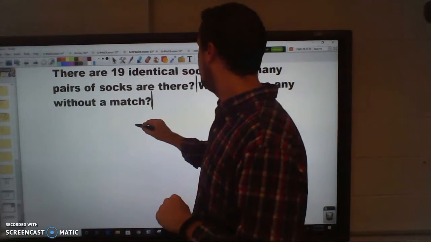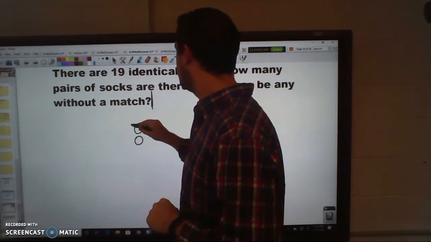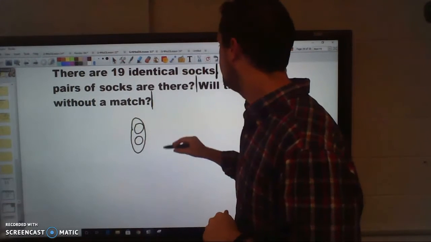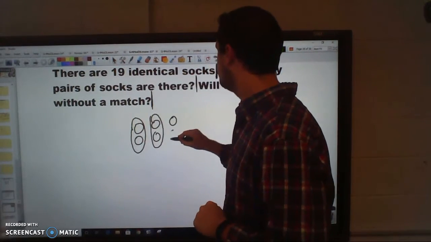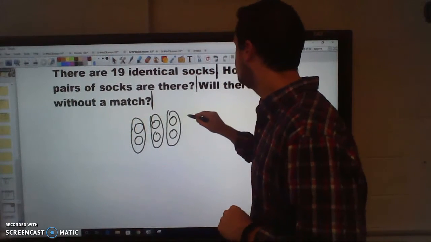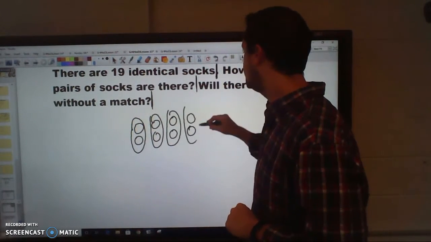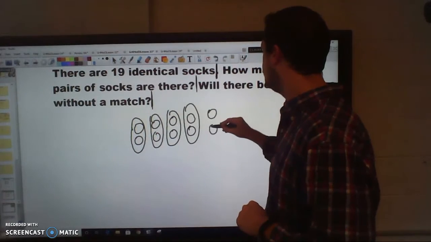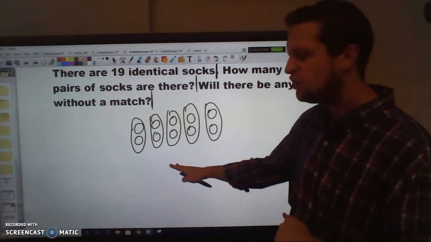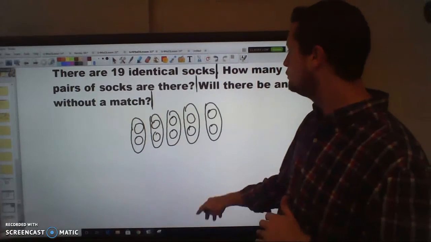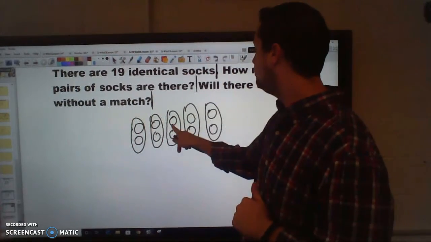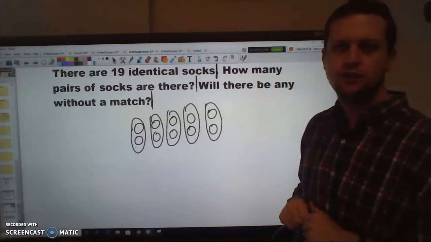So 1, 2. Here's a pair of socks. 3, 4, 5, 6, 7, 8, 9, 10. And I'm just going to go below. Doesn't really matter as long as I keep putting them in their groups. So right now, I have 5 pairs of socks.